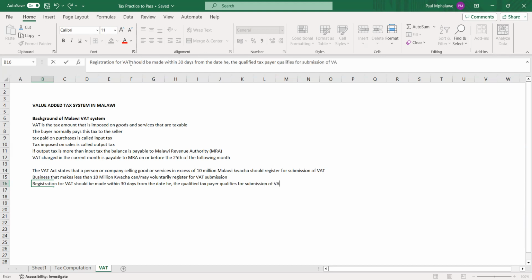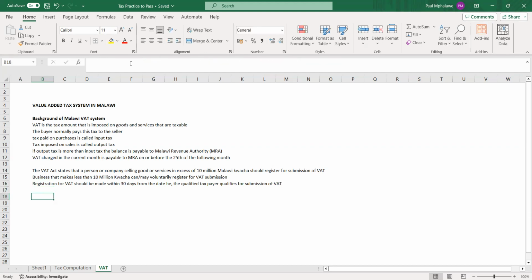It's as simple as that. Okay. If you pass those 30 days, then it becomes a problem. You become an enemy of Malawi Revenue Authority.